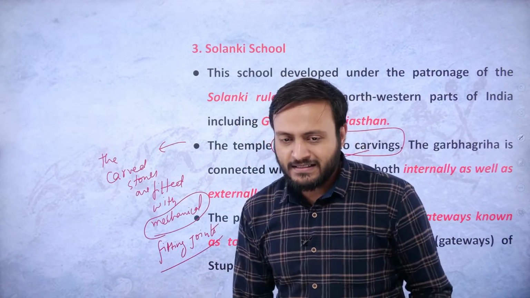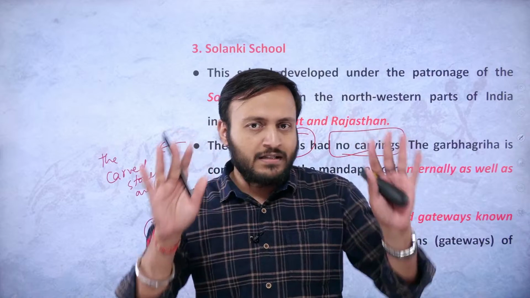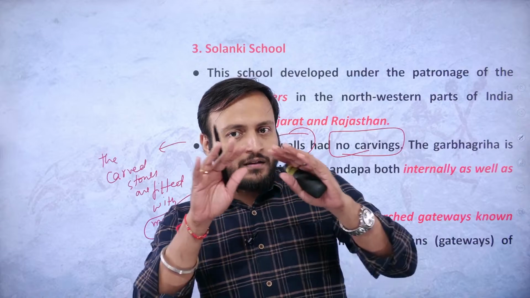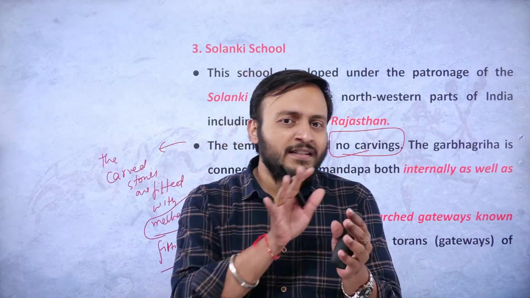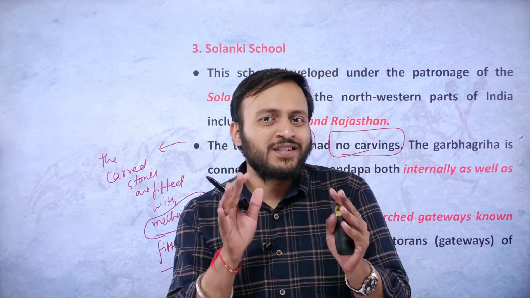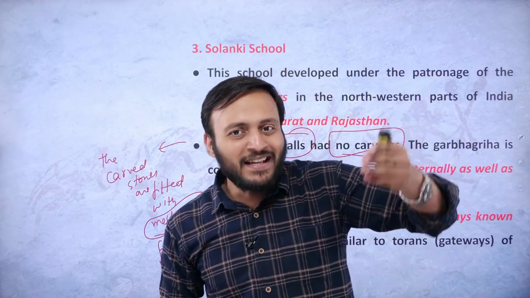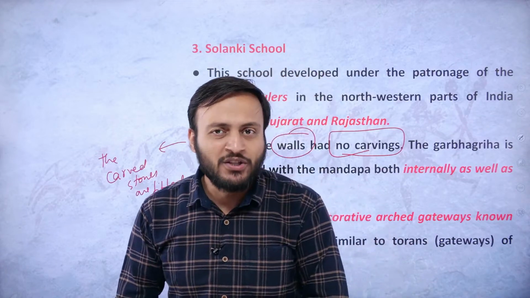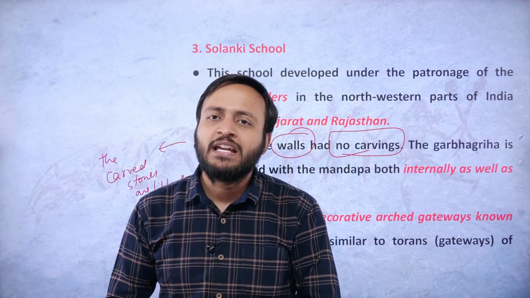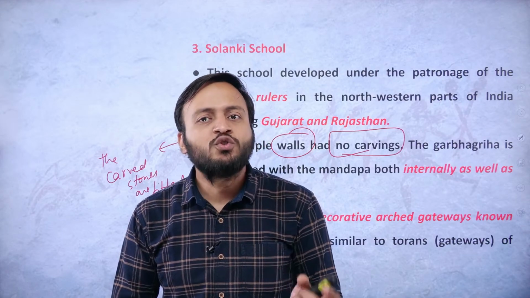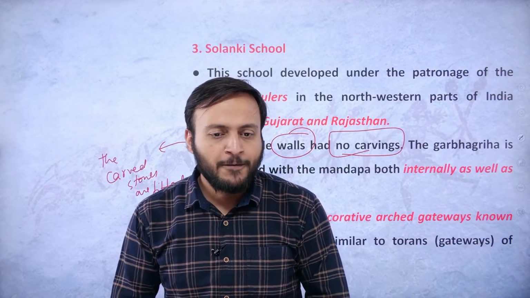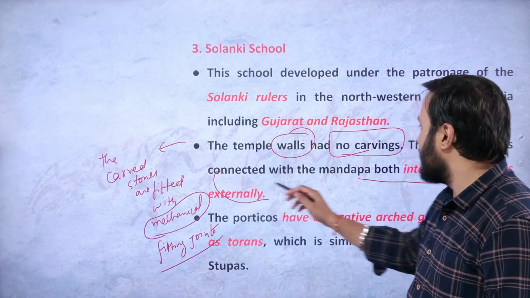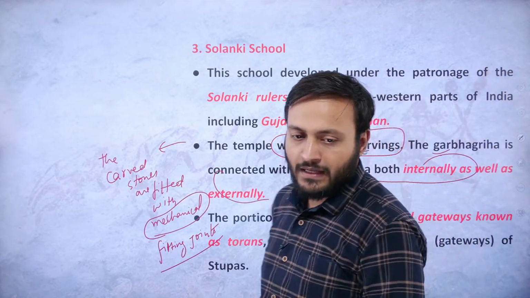So basically, it is like a temple constructed with grooves in which the entirely carved stone is simply fitted, and it looks like the temple itself has the intricate carving. That is a very special feature of the Maru Gurjar style of temple architecture, or the Solanki school of Nagara temple architecture. Here we have the internally as well as externally connected garbhagriha in the entire building.